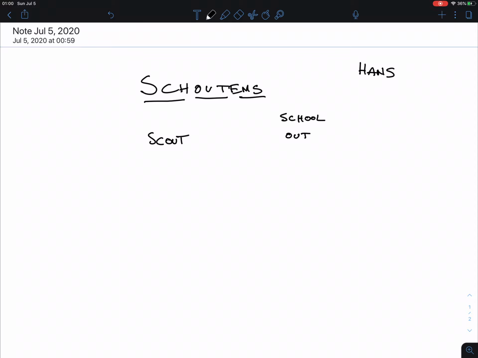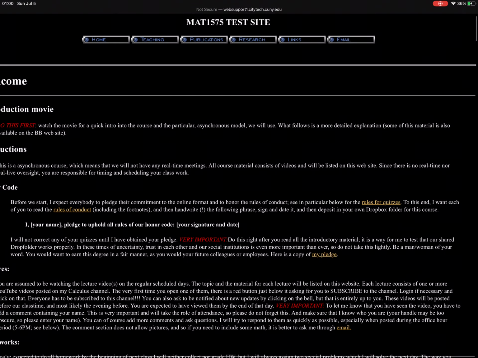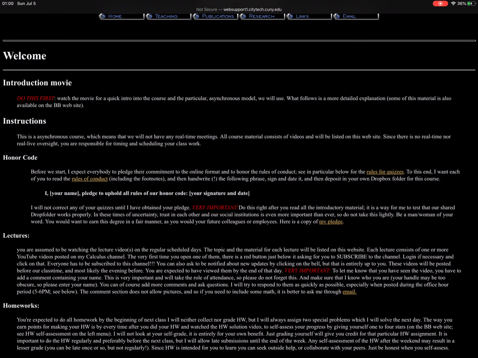But let's go to the real stuff. You came to the Blackboard site. If you haven't done that, you have to, because that's officially when you register. Your first login is booked and marked as your official registration for the course. You're going to have to go to Blackboard anyway, but not that much.